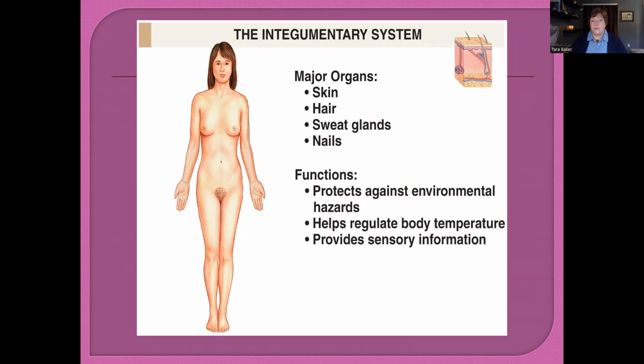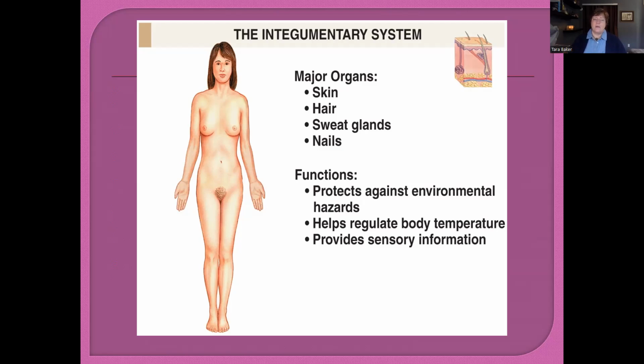Your skin is also really important for keeping your body temperature regulated. When you get really, really cold, you start to shiver and the hairs on your skin will stand up straight. That is actually increasing temperature and also creating a small buffer around your body and keeping heat around your body. When you sweat, you're trying to decrease your body temperature. So you're regulating your body temperature.